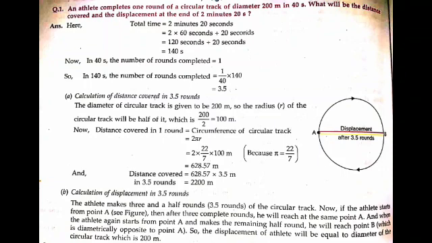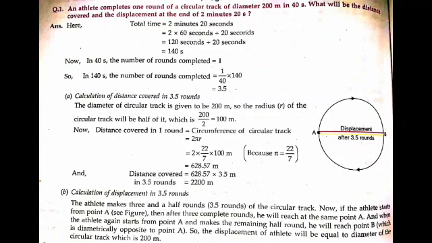Now if the athlete starts from point A, see in the figure, then after 3 complete rounds he will reach point A again, and when the athlete again starts from point A and makes the remaining half round, he will reach point B, which is diametrically opposite to point A. So the displacement of the athlete will be equal to the diameter of the circular track, which is 200 meter.